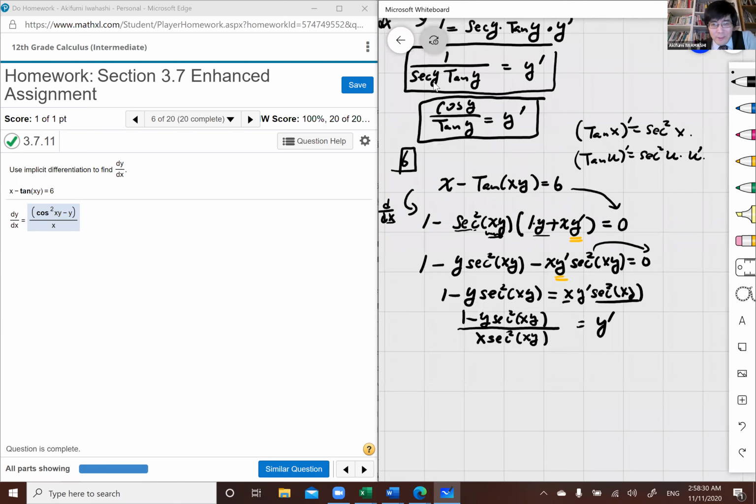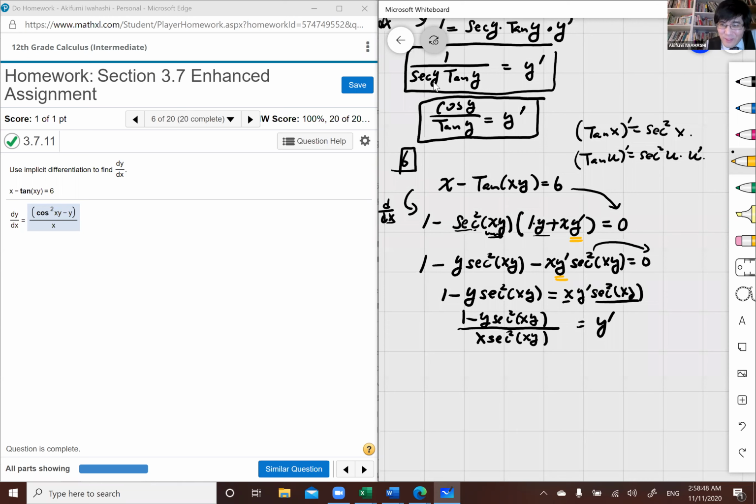So my answer looks different, but what I did is after doing this, I just multiplied both sides by cosine square.